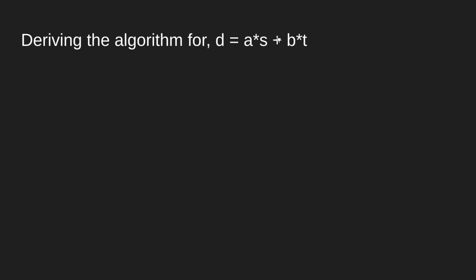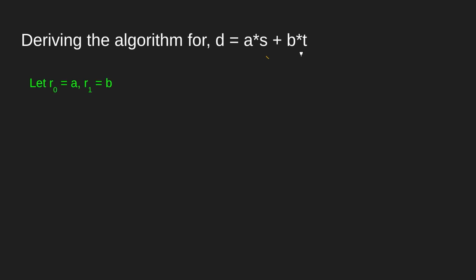We know this because we know that the Euclidean algorithm works, and if we redo the Euclidean algorithm in a certain way, we can get this form. So we are just going to assume that these arbitrary integers S and T exist, which satisfy this equation.